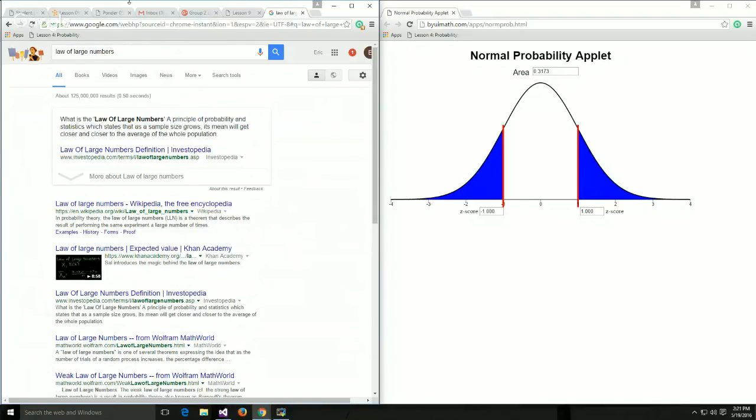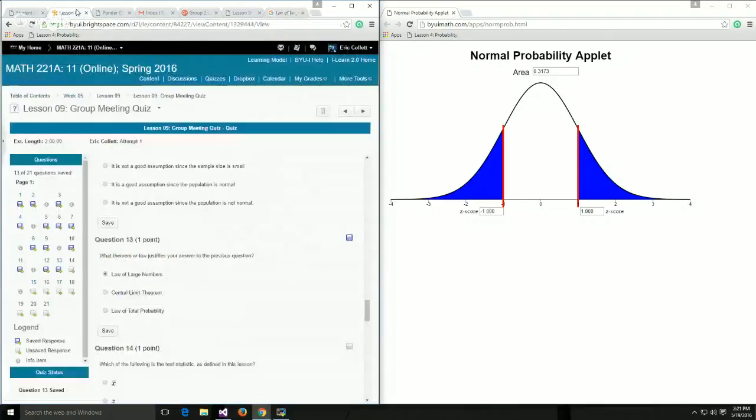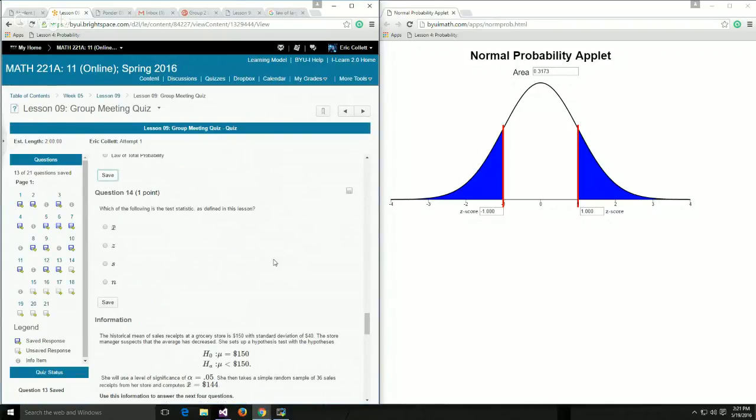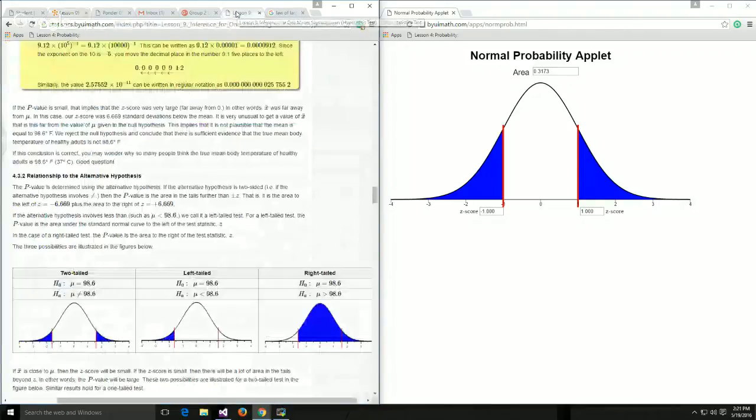Yeah, so the law of large numbers is that as the sample size grows, its mean will get closer and closer to the average of the whole population. Yeah, that makes sense. Okay, I got it now. Sweet. 14. Okay, which of these is a test statistic?